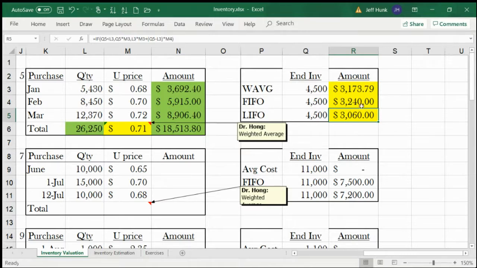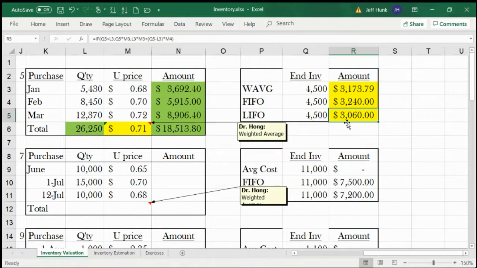It's true that weighted average will be in between FIFO and LIFO, but FIFO isn't necessarily greater than LIFO all the time. It can be the other way around, but it is this way only in this example because the price is increasing as time goes on. If the price is increasing, LIFO is valued at the earlier price, so it is valued by the lowest.